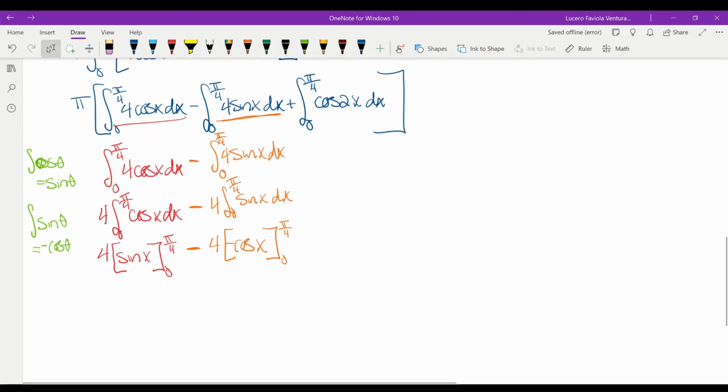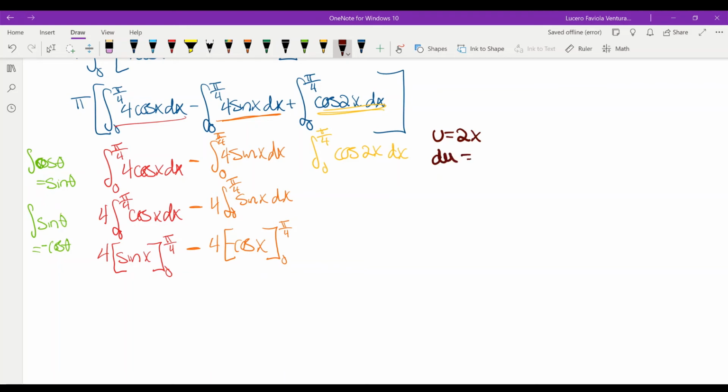Now finally, we'll integrate our last function. And then we'll do it in yellow so we can see it better. Integral from 0 to pi over 4, cosine of 2x dx. For this, we'll do a u substitution just so that we know what we're doing and we can see it better. So our u in this case would be 2x.